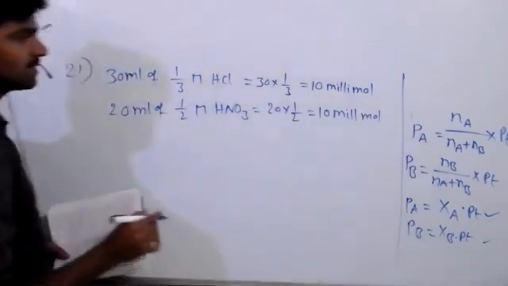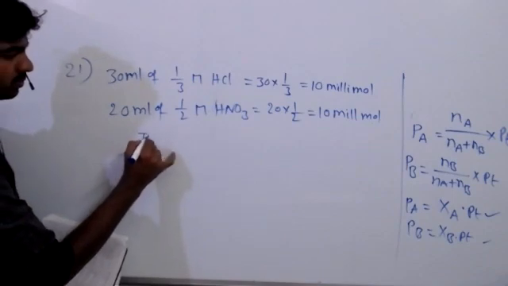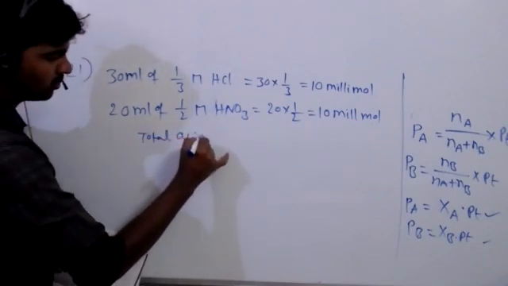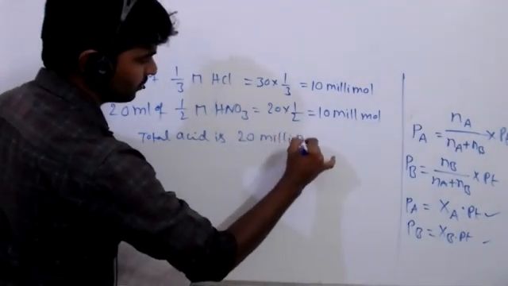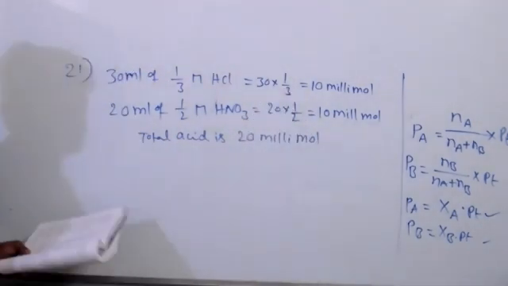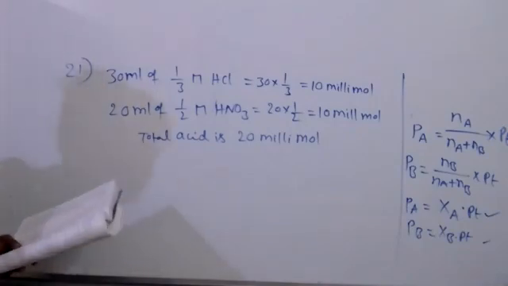Now overall acid is 20 millimole. HCl is acid, HNO3 also acid. Total millimoles of acid is 20 and its volume is 50. Later we'll take the total volume of solution.